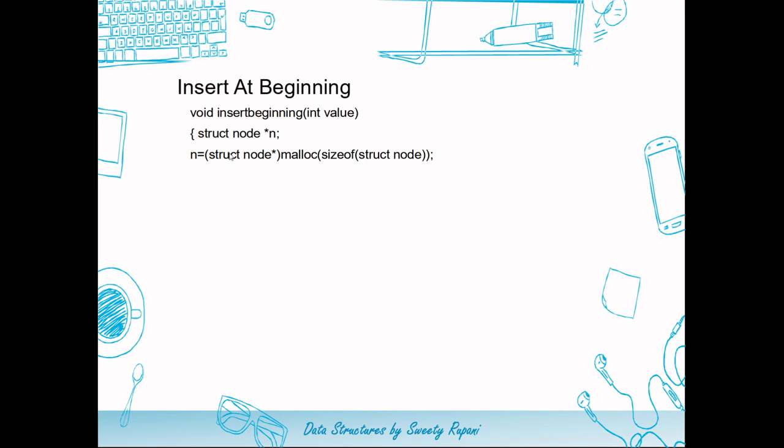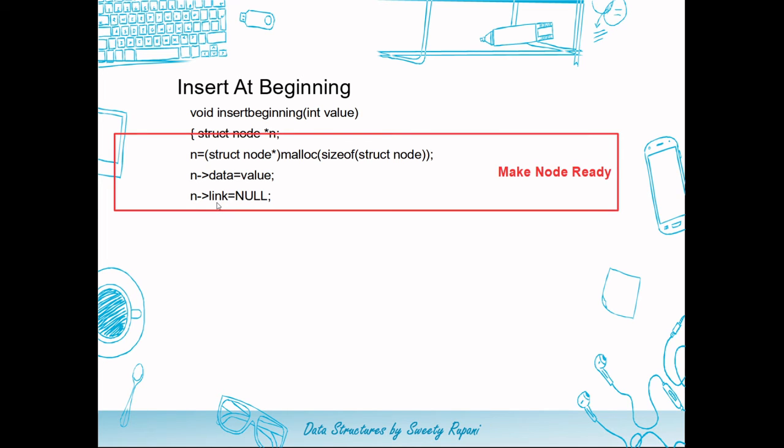I am allocating memory for this using a malloc function, followed by which I am making a node ready by moving a value inside the data part of the newly created node, and by moving a null value inside the address part, that is the link part of the newly created node. So when I did this, it means that my node is now ready. So these four steps are making my node ready.